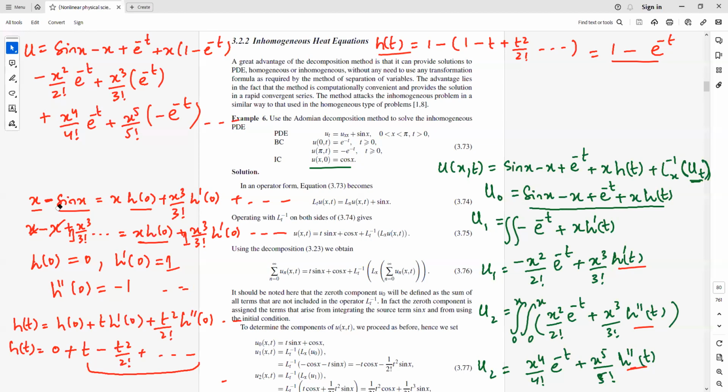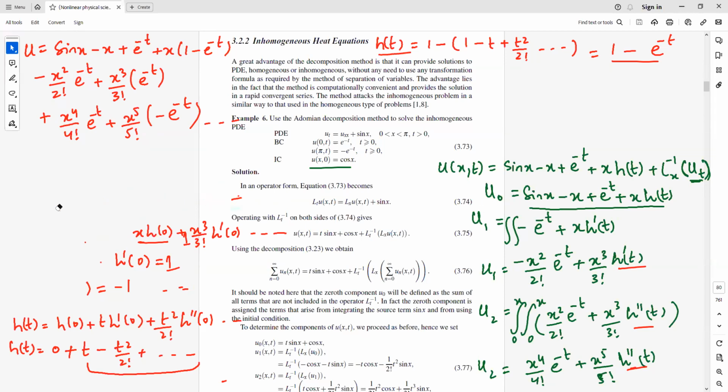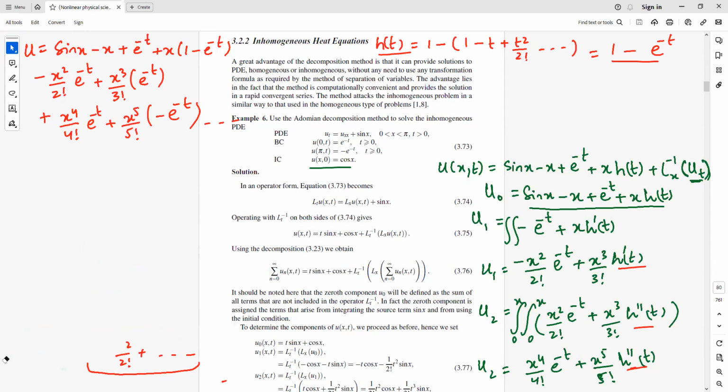Now we can just simplify this expression and we will get the desired result for this problem. So now we can see that this is sine x here, okay, and now this is negative x here.